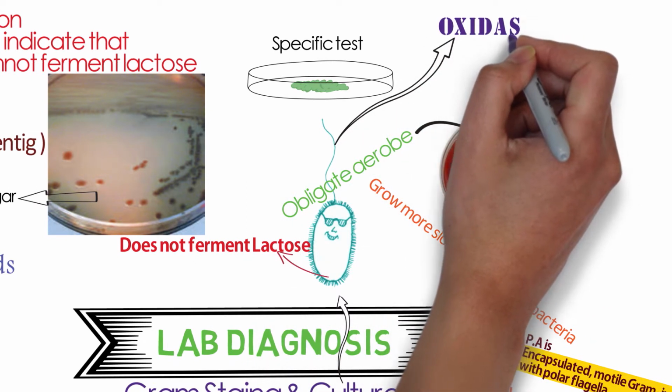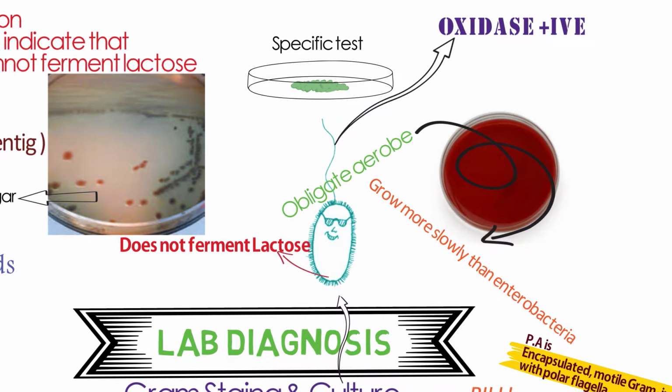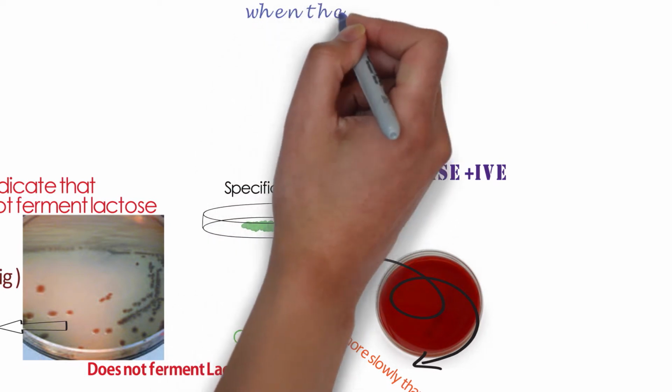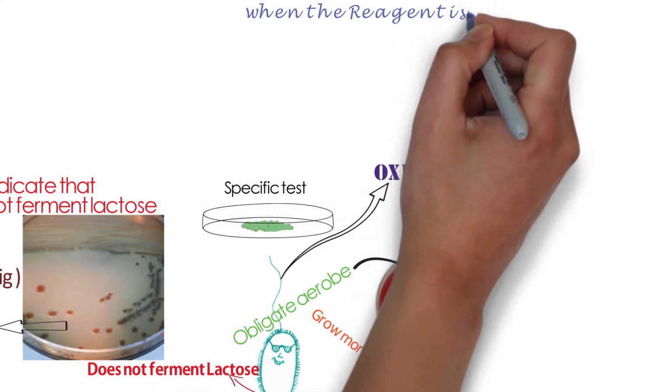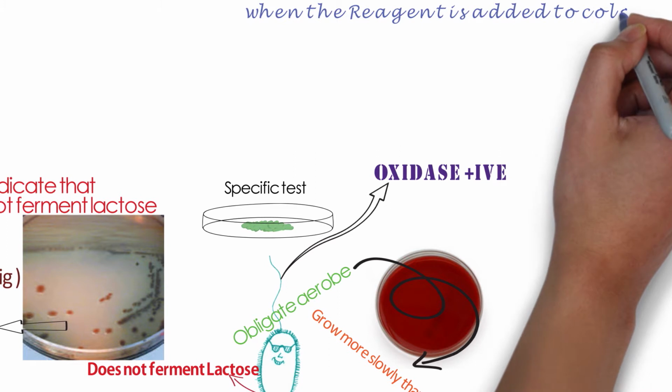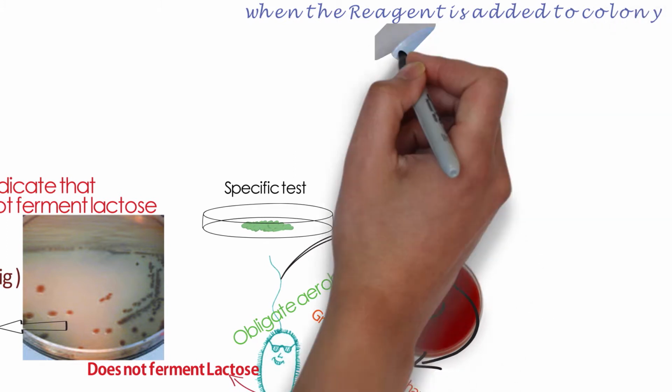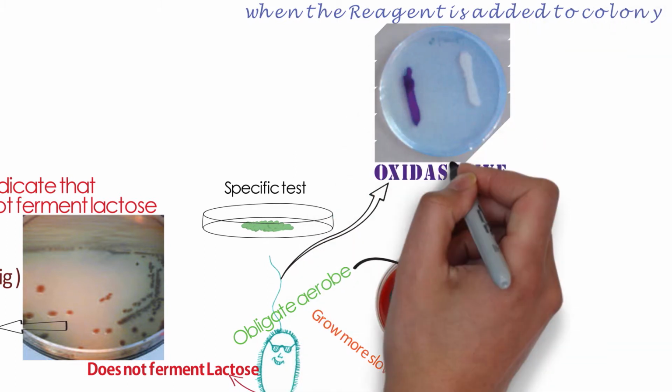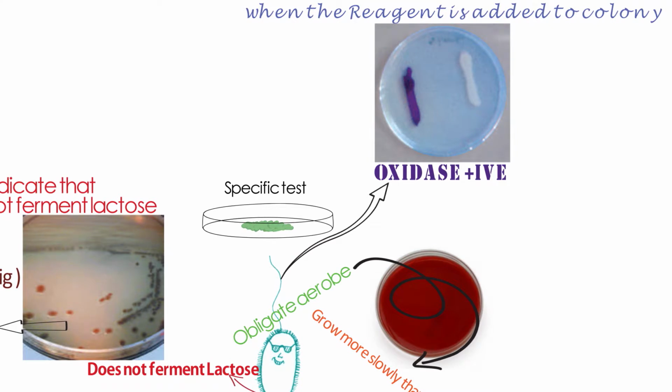Pseudomonas aeruginosa is oxidase positive. What does it mean that it is oxidase positive? And why is it oxidase positive? And what's the use of this test? Oxidase positive means that when reagent for the oxidase test is added to the colony, the colony which turns purple is oxidase positive.